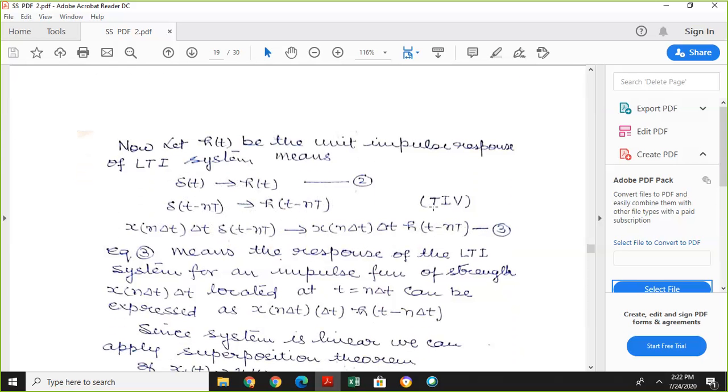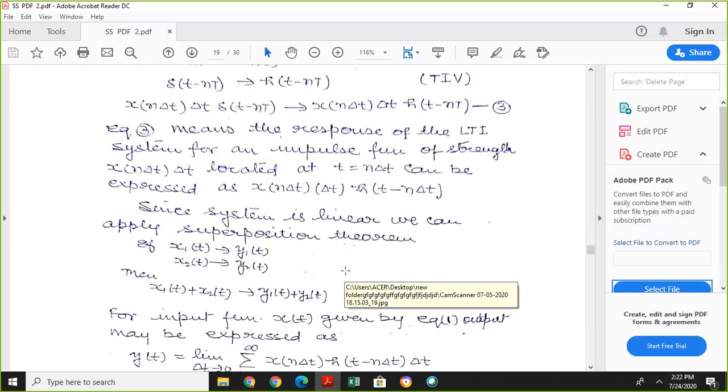Since the system is time invariant, and similarly we multiply the strength to the location of the impulse function, we get the strength multiplied by the impulse response of the system. This third equation means that the response of an LTI system for an input impulse function of this strength located at this point can be expressed by this.